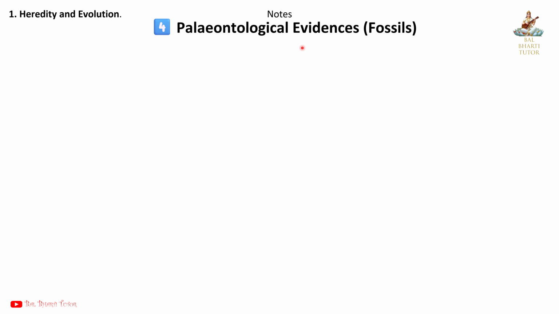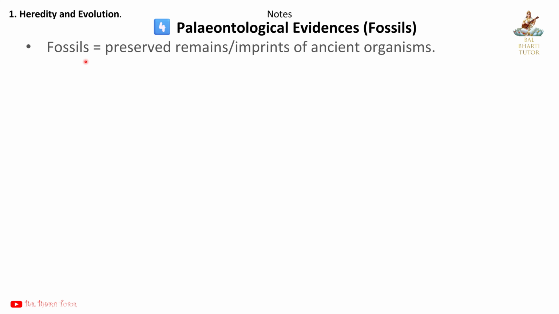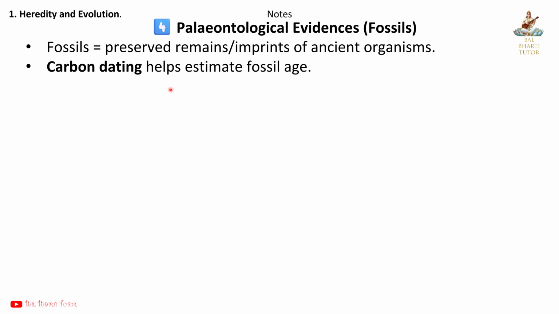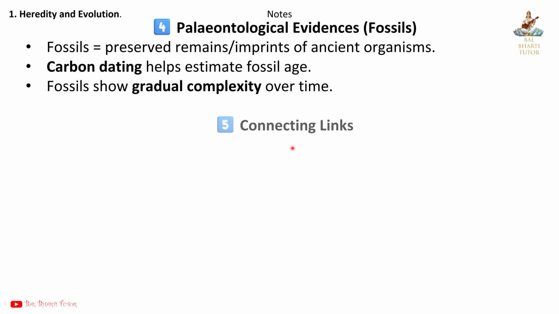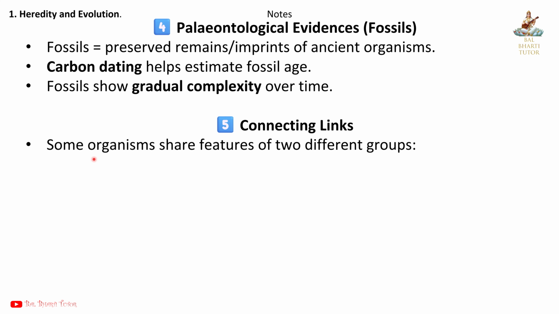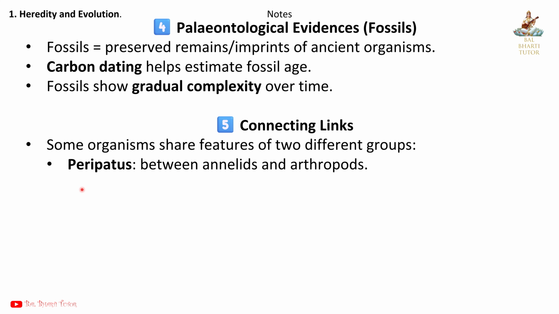Fourth, paleontological evidences, fossils. Fossils are preserved remains, imprints of ancient organisms. Carbon dating helps estimate fossil age. Fossils show gradual complexity over time. Fifth, connecting links. Some organisms share features of two different groups.